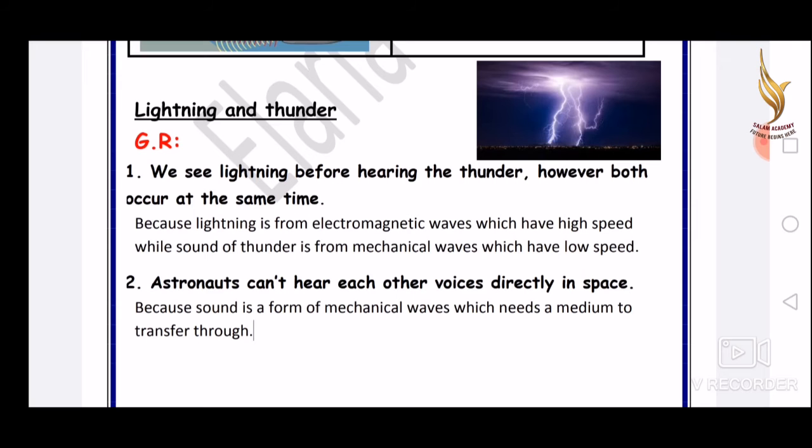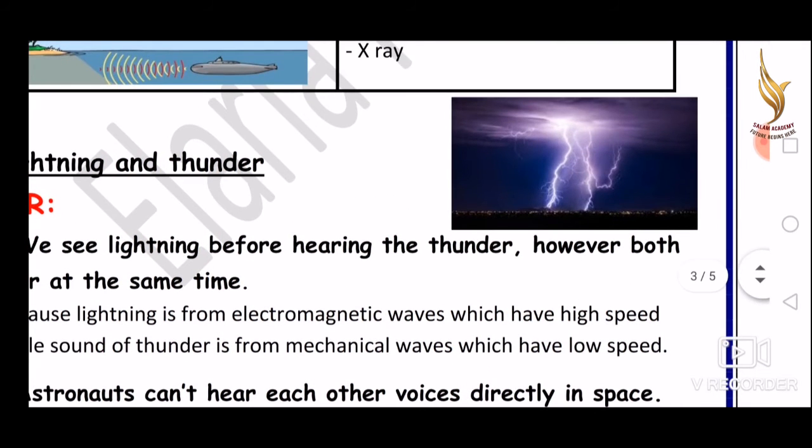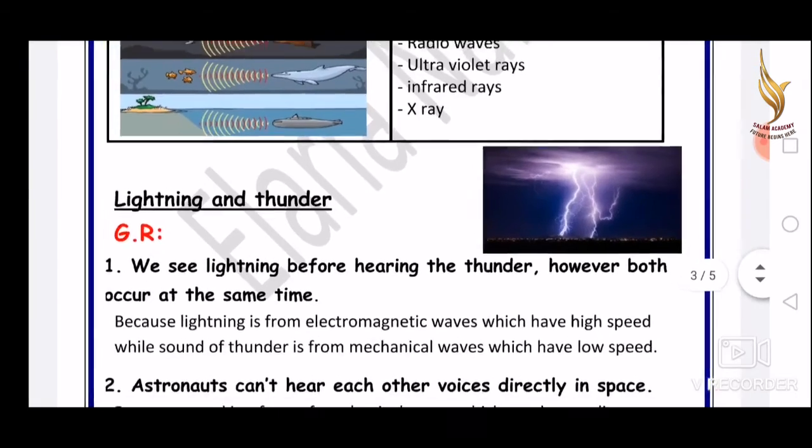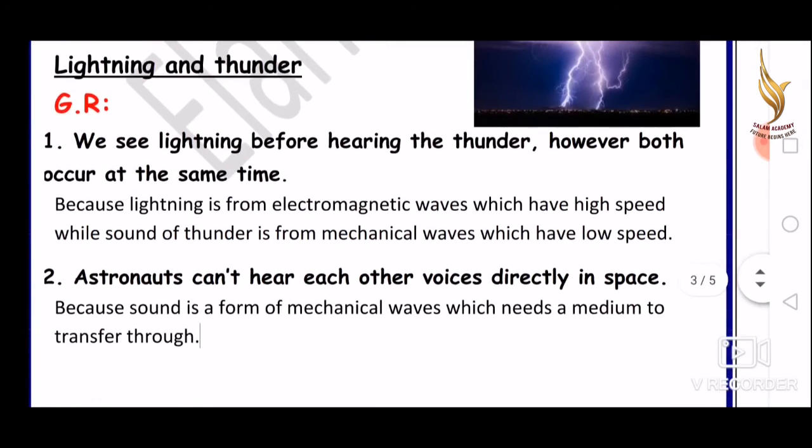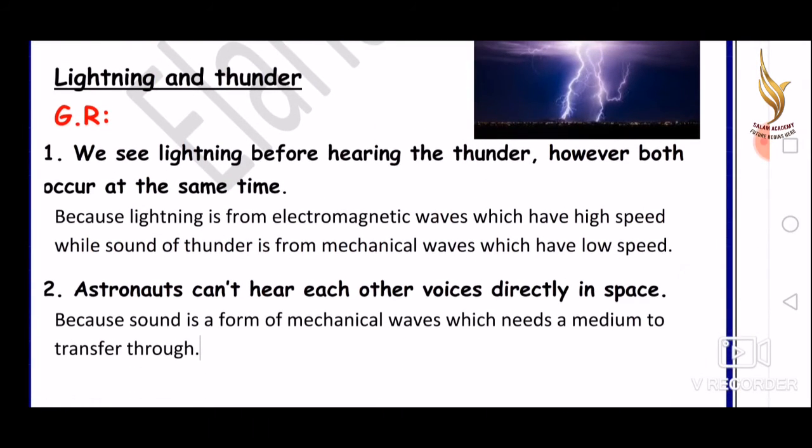Lightning and thunder. Do you see lightning like this in the picture? Thunder is accompanied with lightning. We see lightning before hearing the thunder. However, both of them occur at the same time.